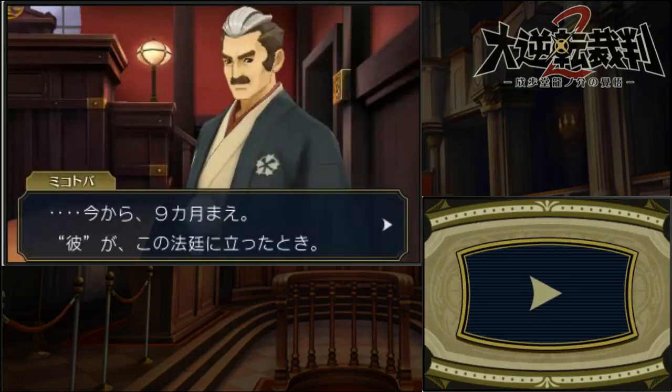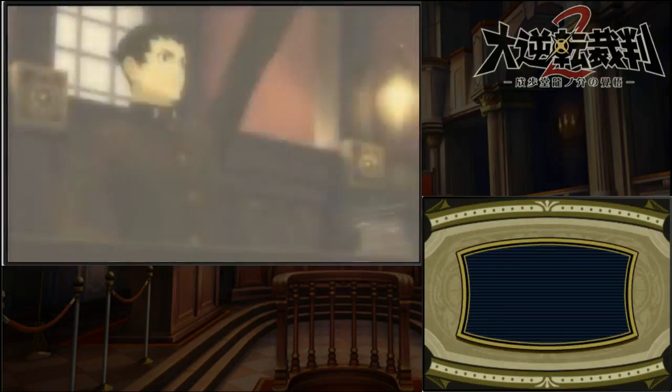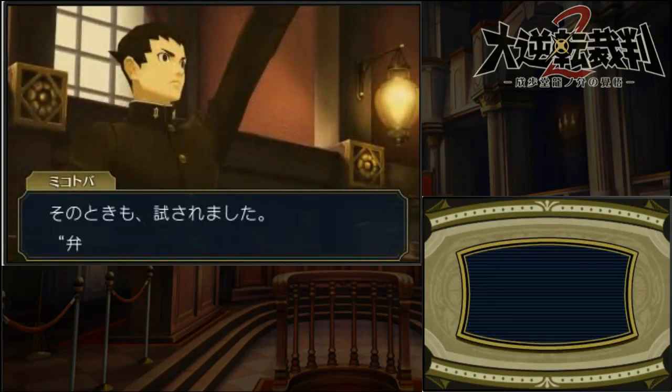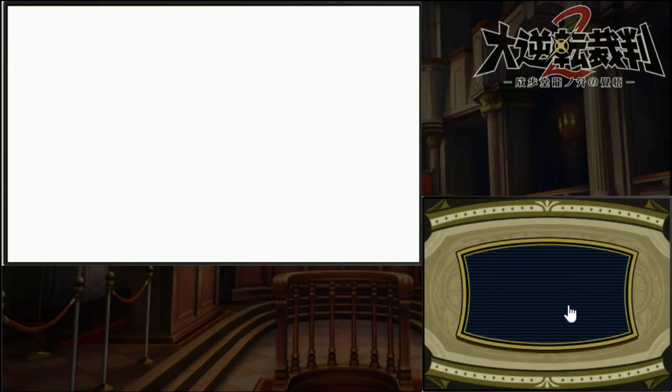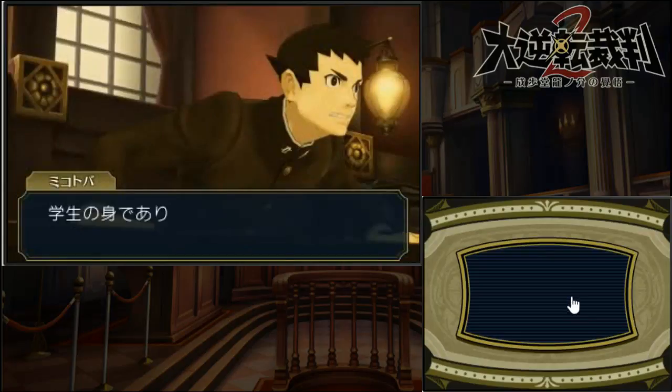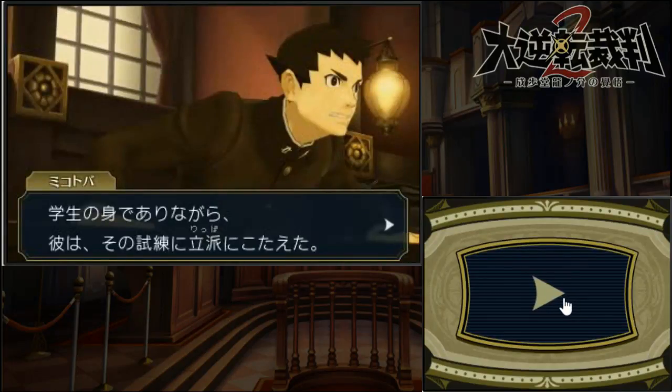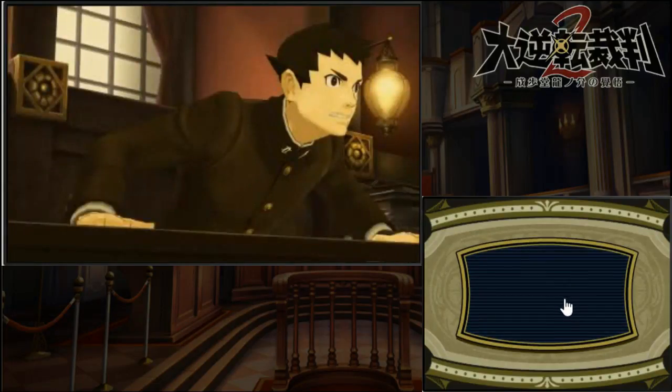9 months ago, he stood in this court, in this very same court, just as you are now. Back then, he too was tested if he had the right to stand in court as an attorney. Despite being a student, he spectacularly overcame the trial.